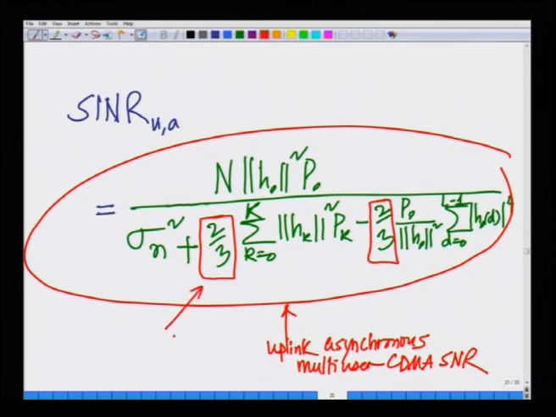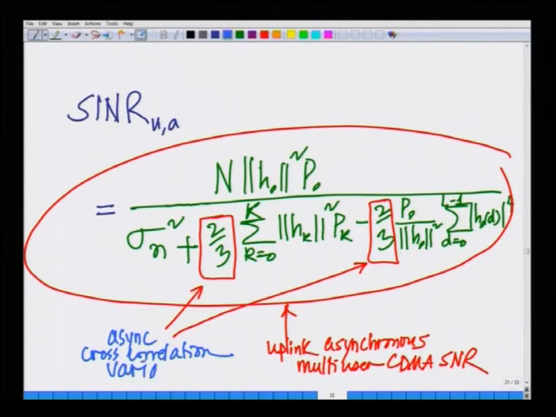This factor 2 by 3 arises due to the asynchronous cross correlation variance, which we have seen. That is the final last expression we are going to derive in this topic of CDMA.